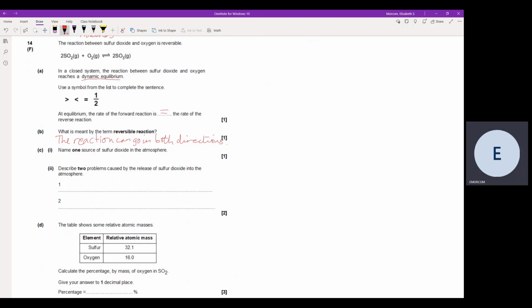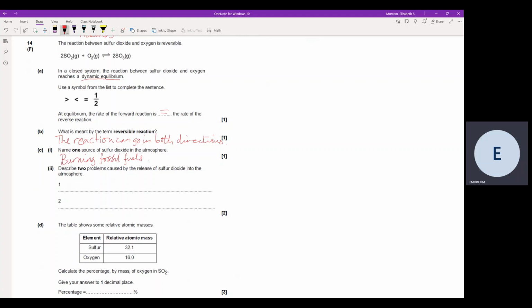Well, sulfur dioxide comes from burning fossil fuels that haven't properly been treated to remove their sulfur impurities. Okay. It also gets produced by volcanoes.